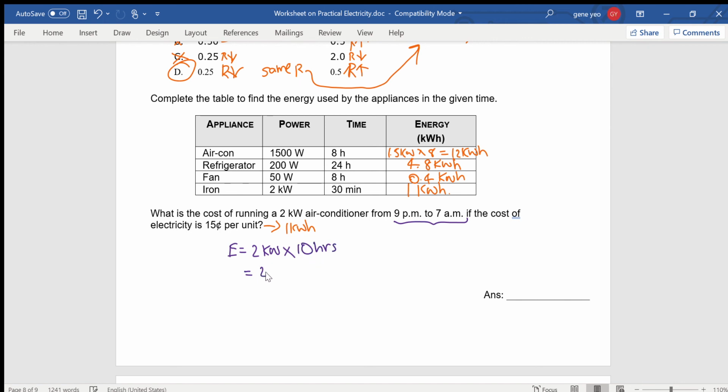So this gives me 20 kilowatt hour. And now the cost is 20 kilowatt hour times 15 cents. And this will give me $3. Okay.